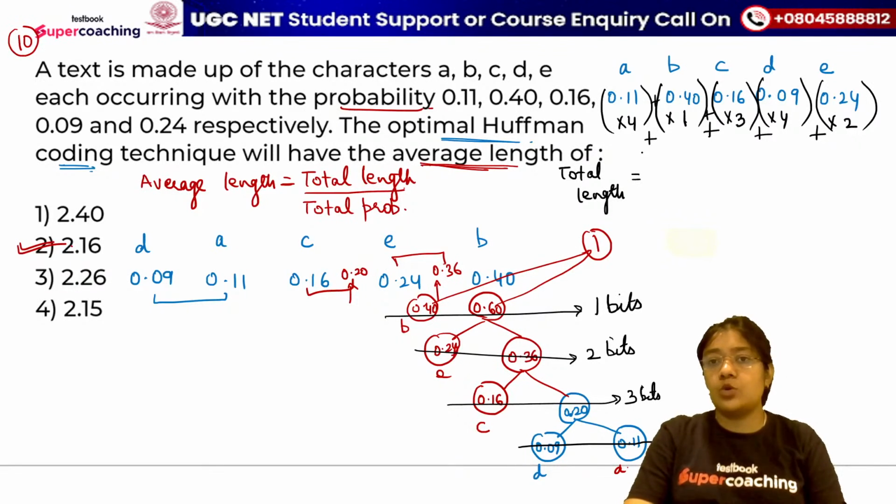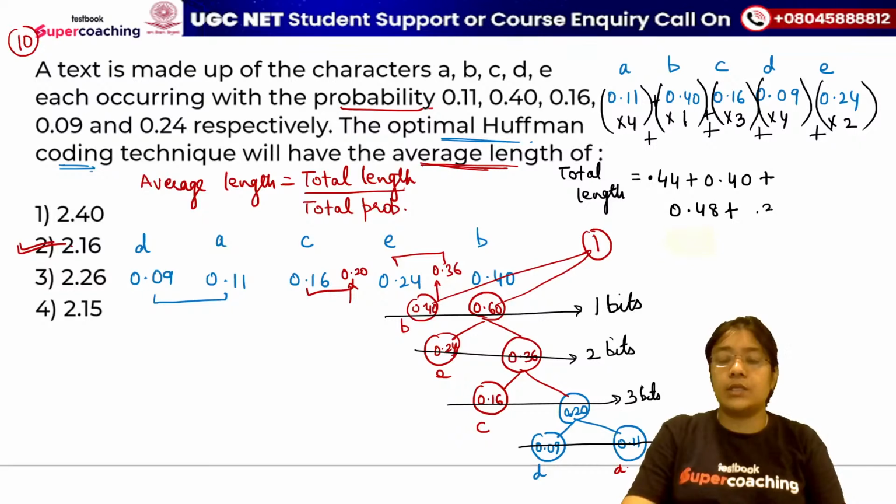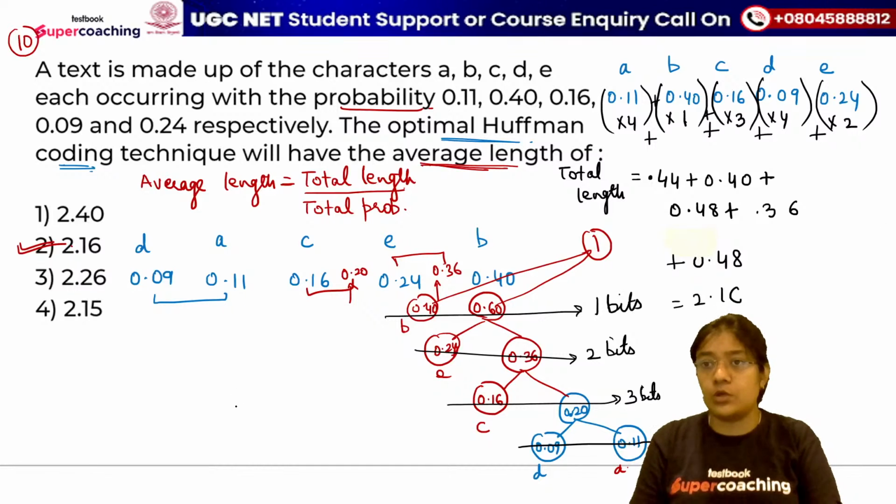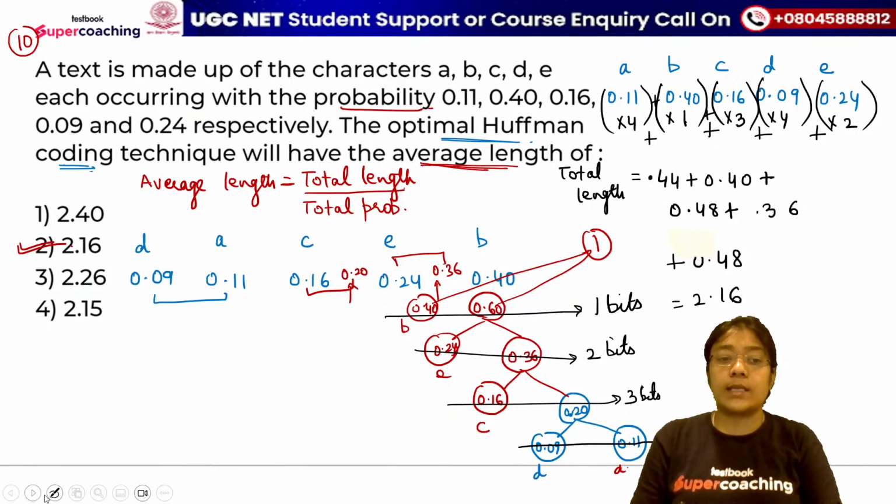So this comes out to be 0.44 plus 0.40 plus 0.48 plus 0.36 plus 0.48. That is nothing but 2.16. So the correct answer for this question is 2.16.